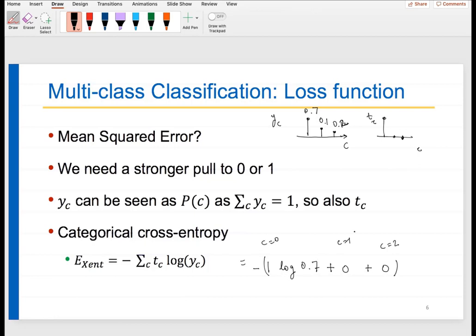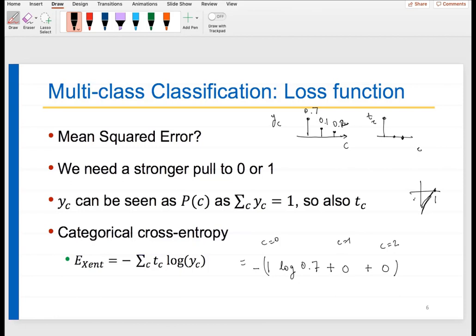And I want to minimize my error. When will the error be minimum? When YC, 0.7, becomes 1, because log of 1 is 0. Log of anything less than 1, let me draw the log function. It is something like this, asymptotically falling.